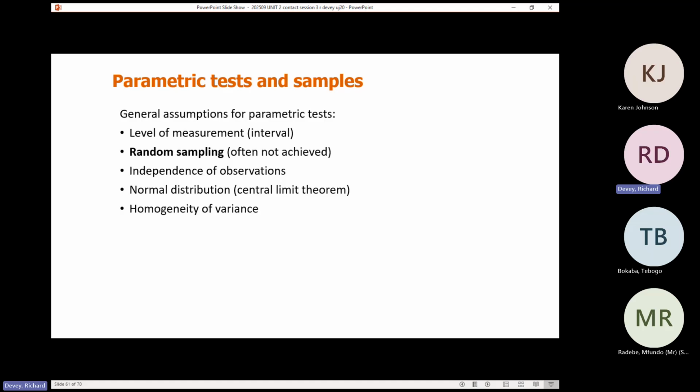So that's an assumption that we're supposed to adhere to for parametric tests, but it's quite difficult, as I mentioned earlier, to achieve a random sample often. Because we don't know what the population is, or it's difficult to achieve a random sample in practice. It looks easy on paper, but it might be more difficult to achieve in the real world.